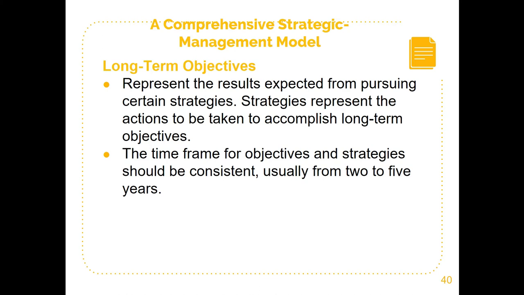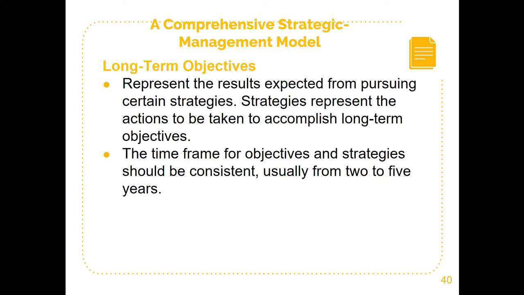Okay, so when we speak of your long-term objectives, basically these represent the results expected from pursuing certain strategies. Strategies represent the action to be taken to accomplish long-term objectives.